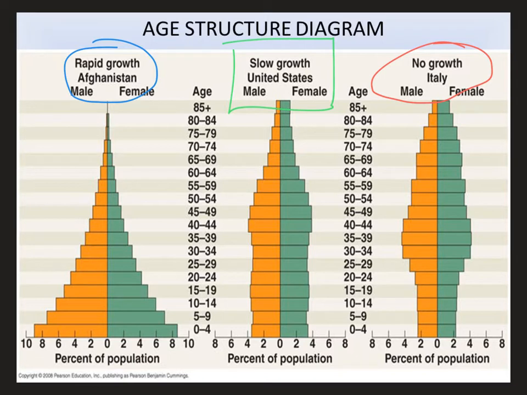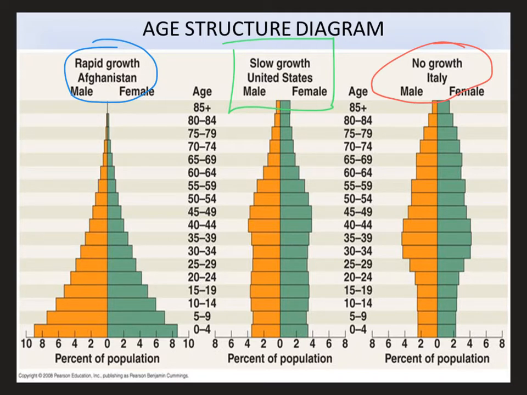You have a pyramid on the left, which shows a very, very young population. And of course, we have pretty significant mortality moving up and not very many people in the elderly portion of the population. The United States in the middle shows a pretty stable, slow-growing population.